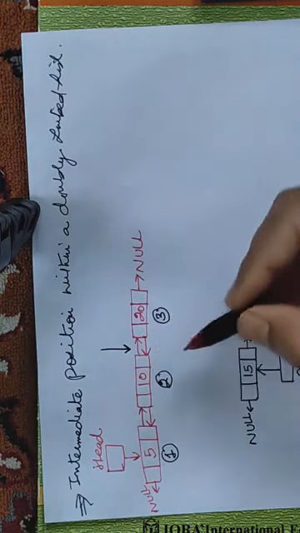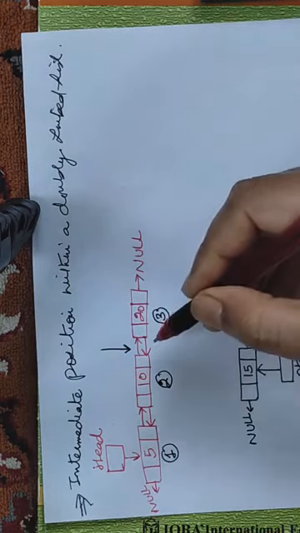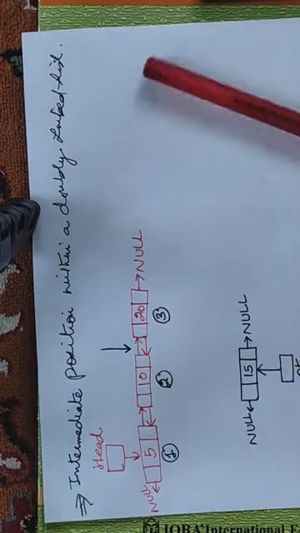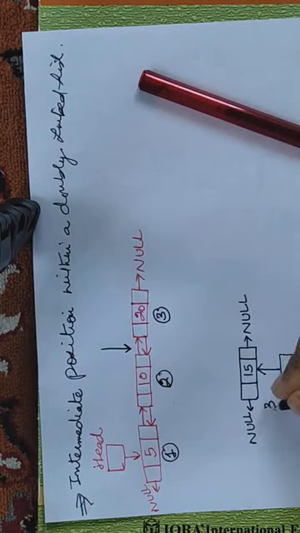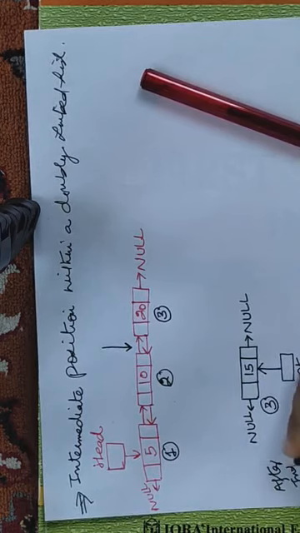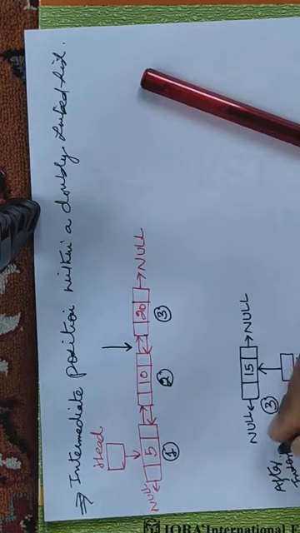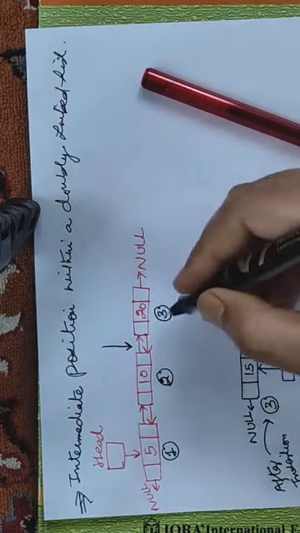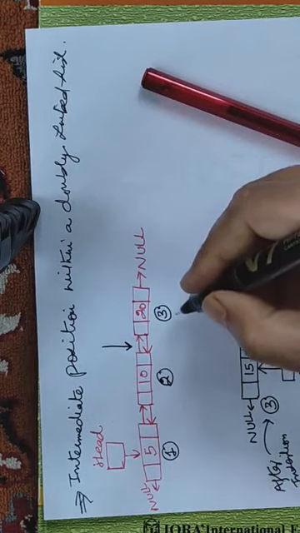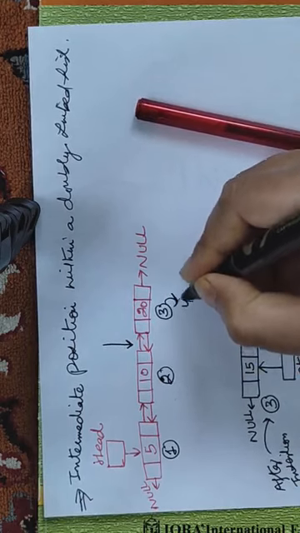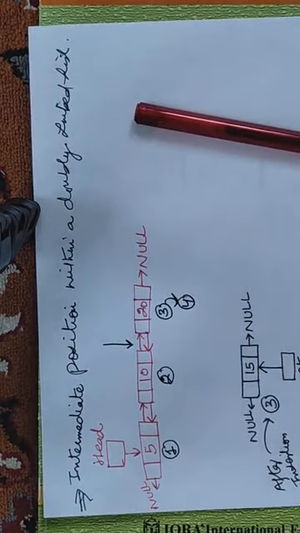That means after we perform this operation, this new node must become node number 3 after insertion, and this will change to node number 4. It will be the node number 4 then.